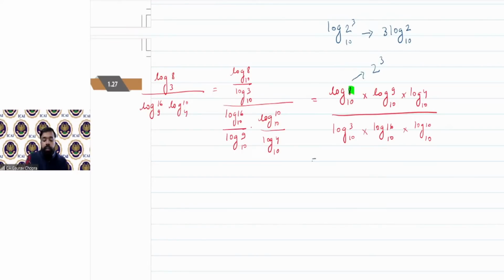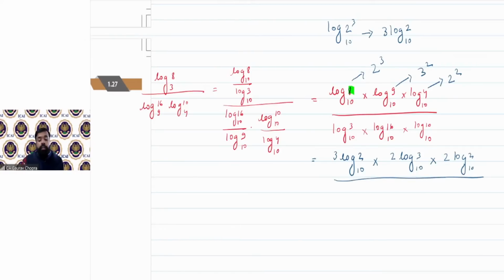So we are writing log 8 as 3 log 2 base 10. Similarly, log 9. 9 means 3 square, so we will be writing 2 multiplied by log 3 base 10. 4 can be written as 2 square, so it is 2 log of 2 base 10.